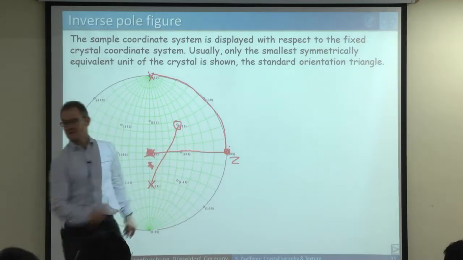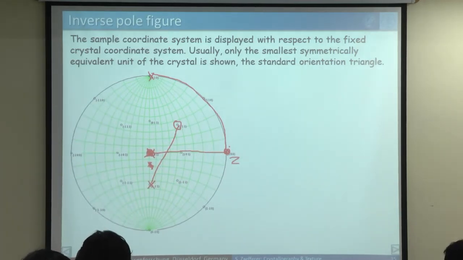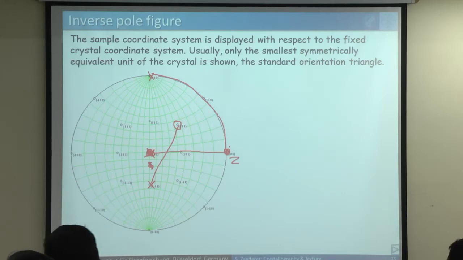Also the 011s are symmetrical, or 111, and I could have selected here 1-11. It was my free choice to say, okay, I want 1-11, and then I have to change, of course, 011. This would be symmetrically the same orientation, physically the same orientation as this one. I just permuted the mathematical description. So although it's physically the same, it will appear in this pole figure at a different place. So that's a little tricky. It actually makes it quite complicated.